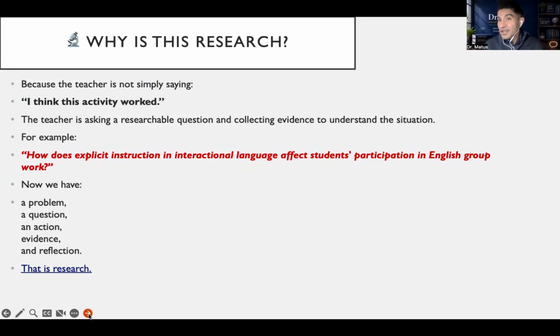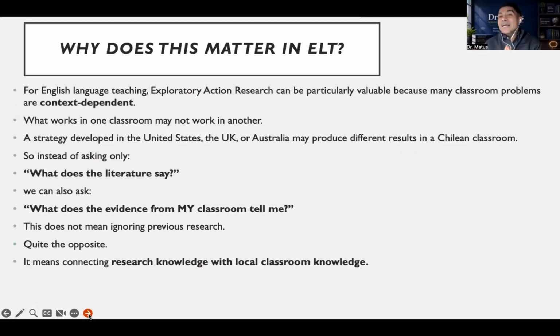That is research. Why does this matter in EFL language teaching or ELT? For English language teaching, exploratory action research can be particularly valuable because many classroom problems are context dependent. What works in one classroom may not work in another.